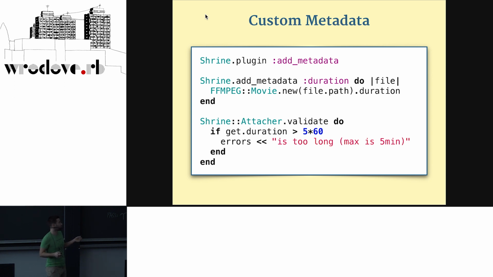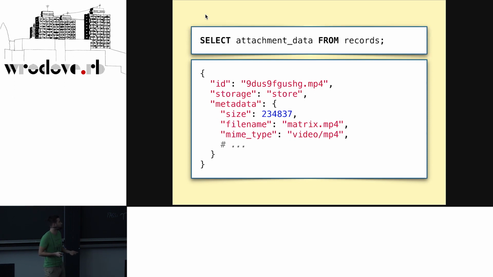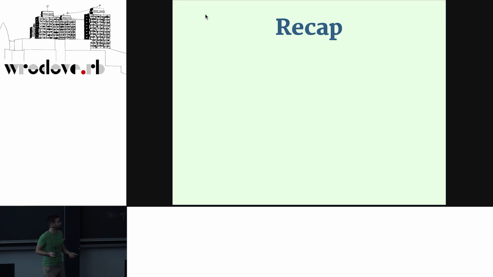This is an example of extracting the duration of a video, and then in this block we just write our own custom validation. Every metadata that we extract should ideally be persisted in the database so that we can later extract it from the views.